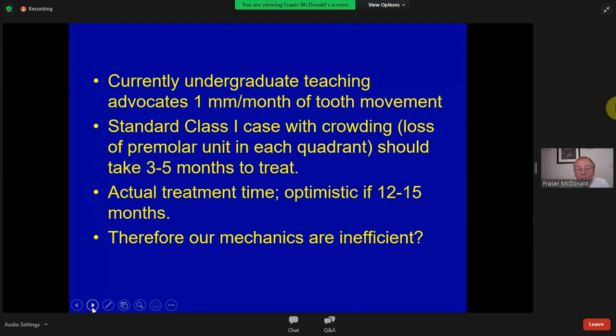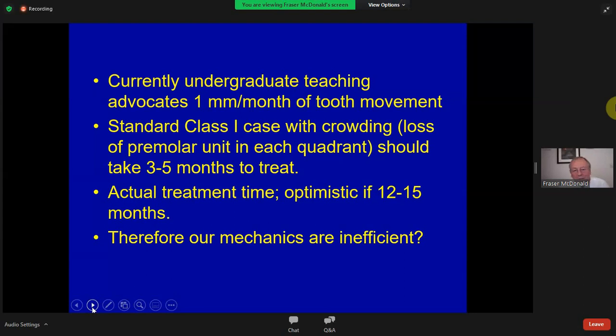The other big myth in orthodontics that's fairly limited in terms of what data there is out there is that we're always taught, certainly as undergraduates, and I don't know that it's changed, that teeth will move at 1 millimetre a month. I'm not sure that's right.